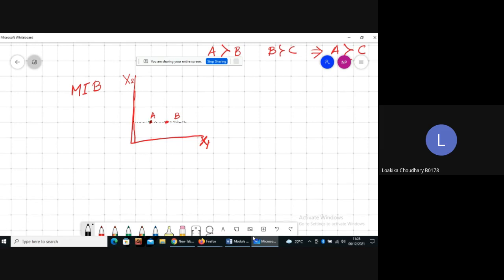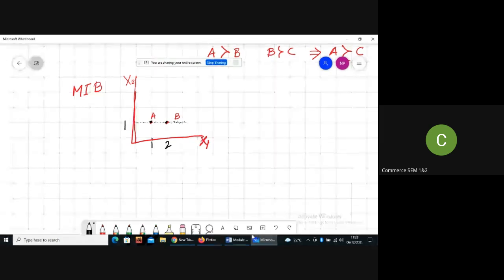So in case of point A, the consumer gets 1 unit of X1 and 1 unit of X2. But in point B, the consumer is getting 2 units of X1 and 1 unit of X2. So compared to point A, the consumer will get a higher amount of satisfaction at point B. So the consumer will prefer B to A.